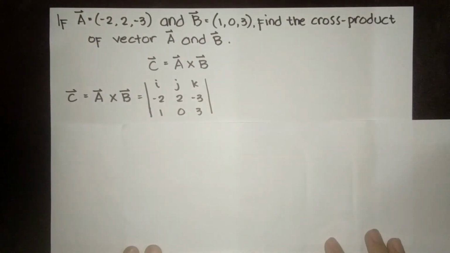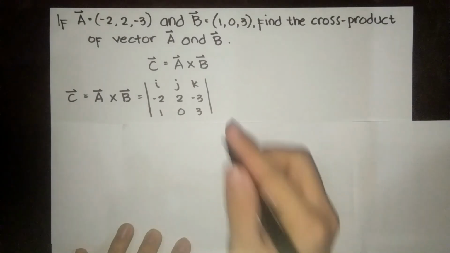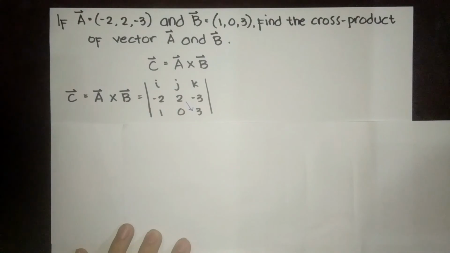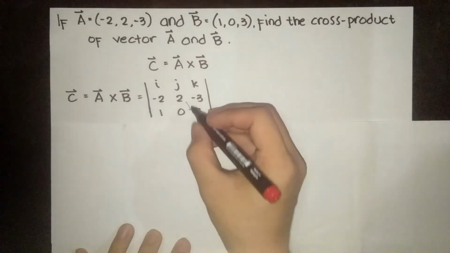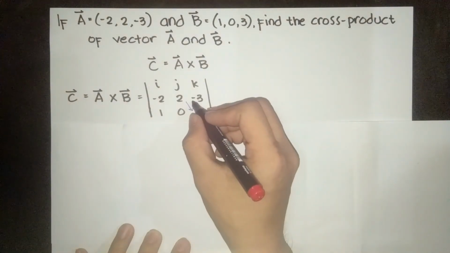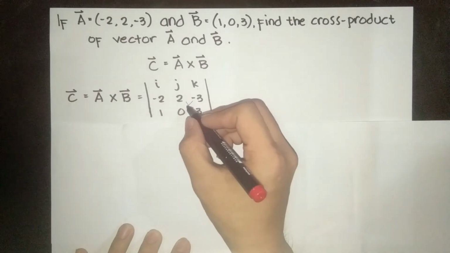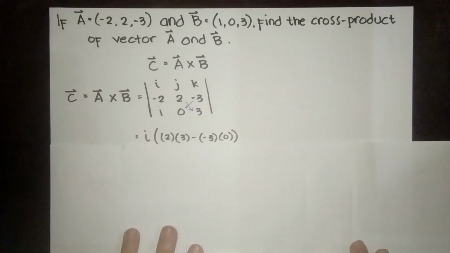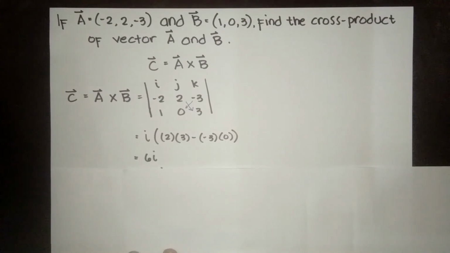So let us now solve for the components of i. Cross multiply the second row of j to the third row of k, minus the product of the second row of k and the third row of j. And that gives us i times the product of 2 times 3 minus the product of negative 3 times 0, which is equal to positive 6i.